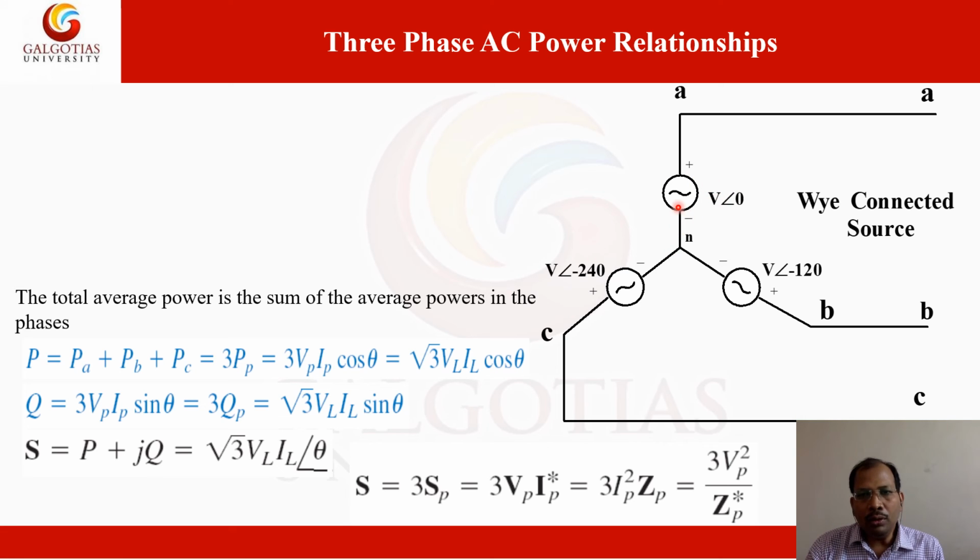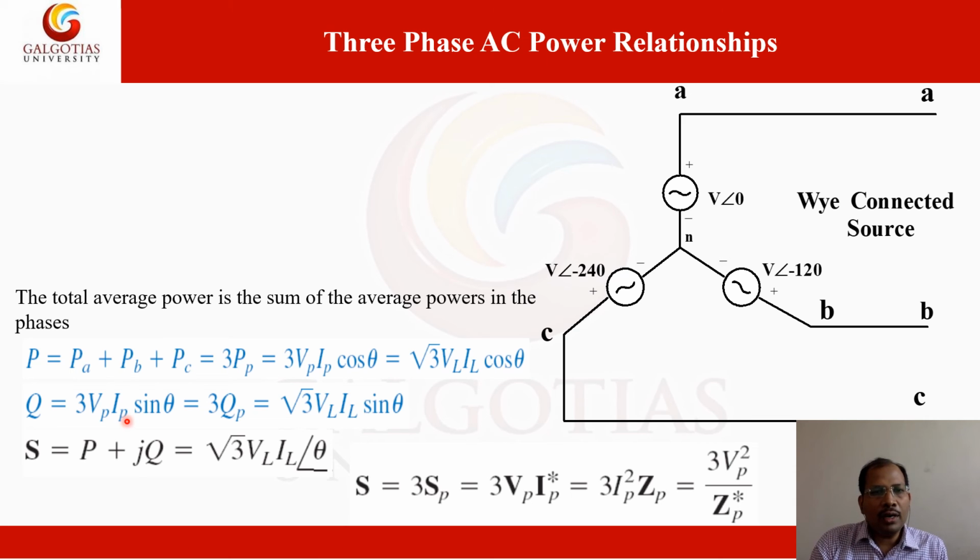But in terms of voltage, when we calculate the line voltage from here to B, we get root 3 times Vp. So the power is root 3 times VL IL cos theta. This is the power for the three phase system. If we know VL and IL and cos theta, we can calculate the power.